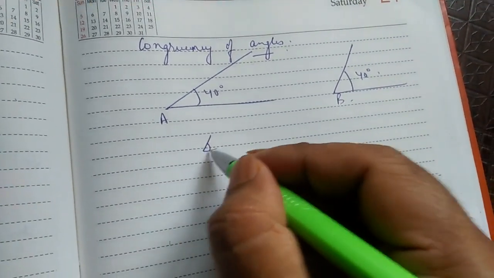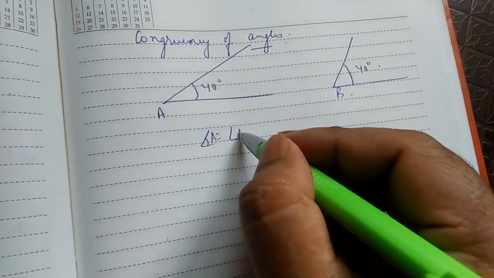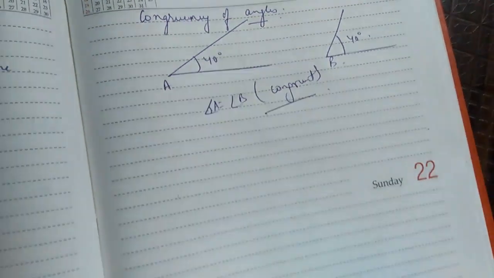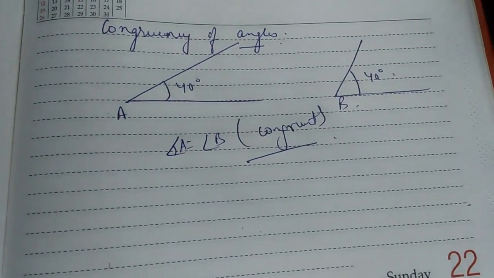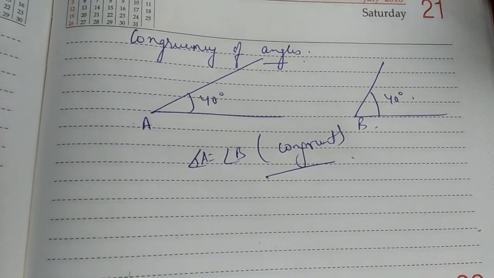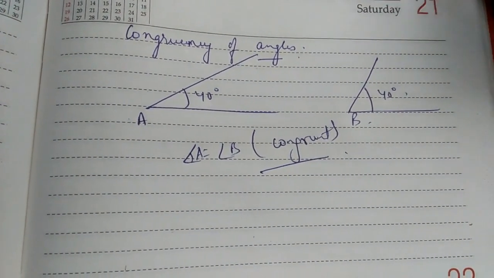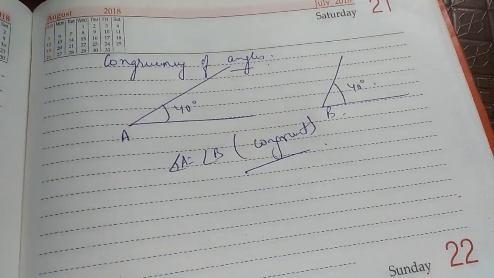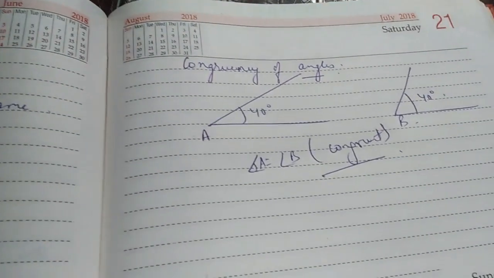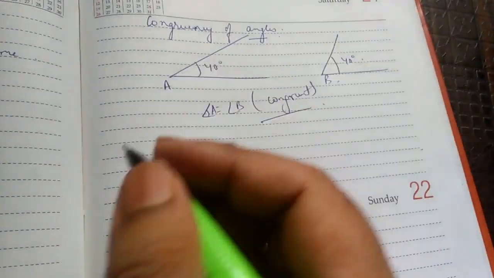So angle A is equal to angle B. These are congruent. When two angles are equal, they are congruent. Simple enough. Now we come to the congruency of triangles. We have seen congruency of line segments, we have seen congruency of angles. Now come to the congruency of triangles.